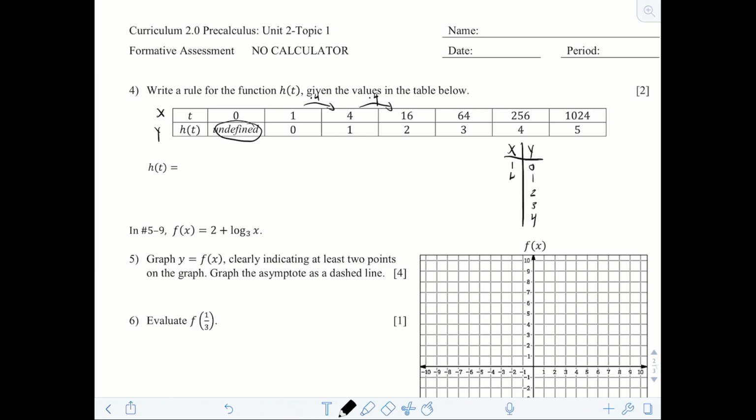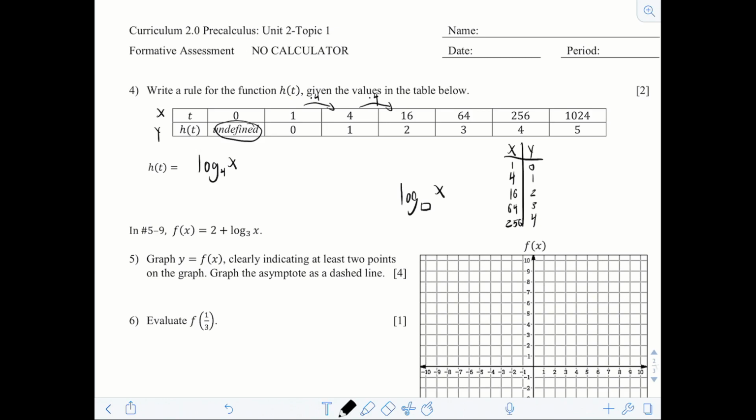So if this goes 4, 16, 64, 256, I'm trying to think about what log base blank of x that is. In this case, since we're multiplying by 4, it is going to be log base 4 of x. If it's being multiplied by 3, it would be log base 3 of x. If it was being multiplied by 10, it would be log base 10 of x.